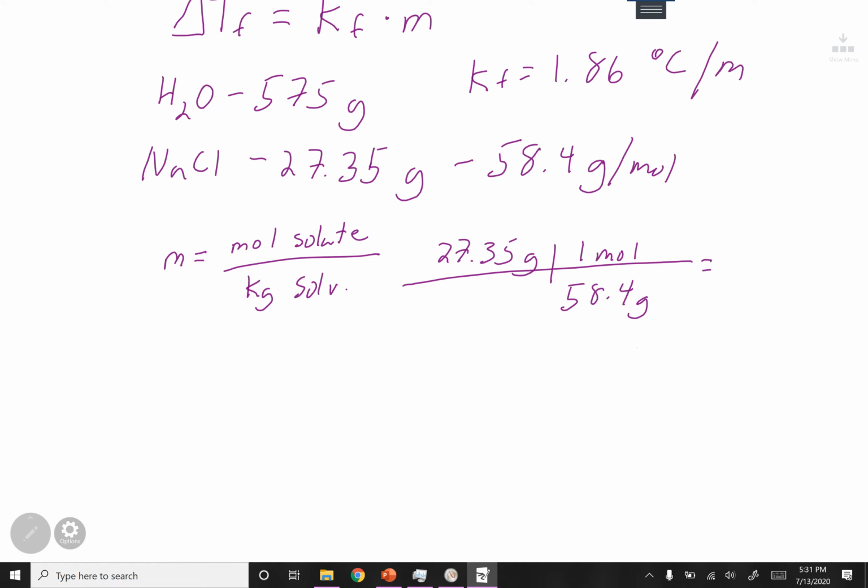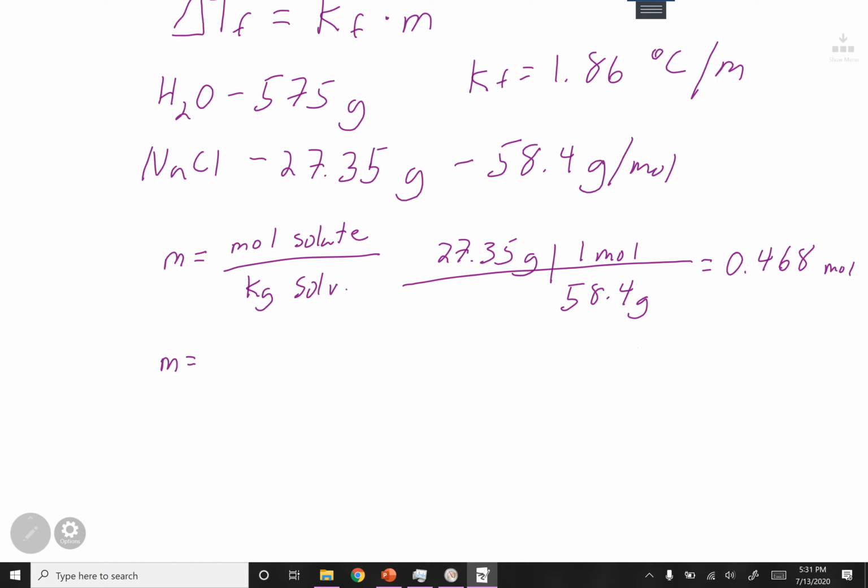Okay, so if we do this math, we end up with 0.468 moles. Let me just double check that. Yes, okay, and that's in moles. Now we can calculate our molality because they also give us the mass for water.